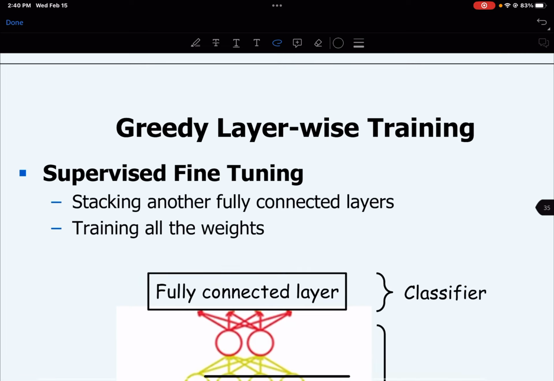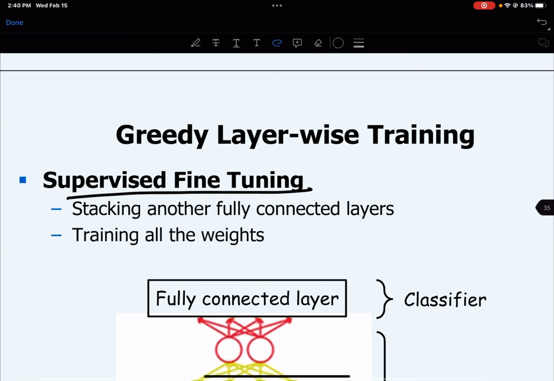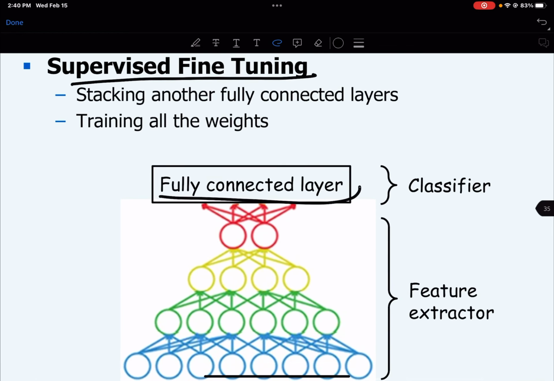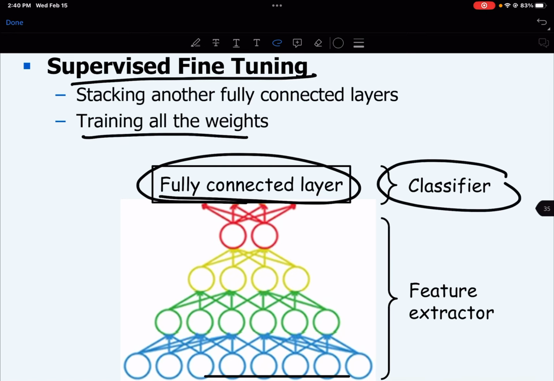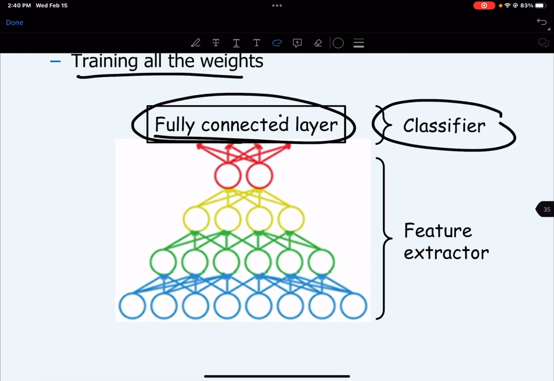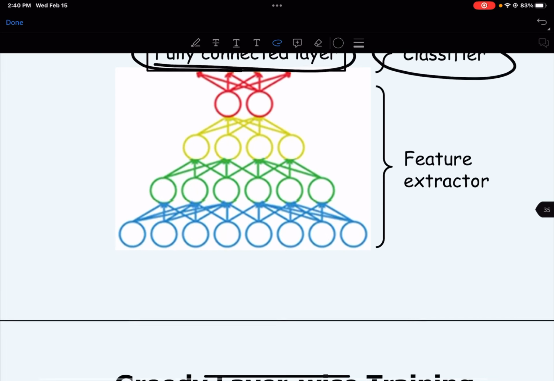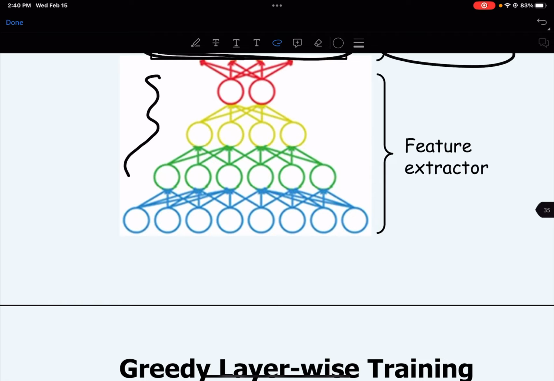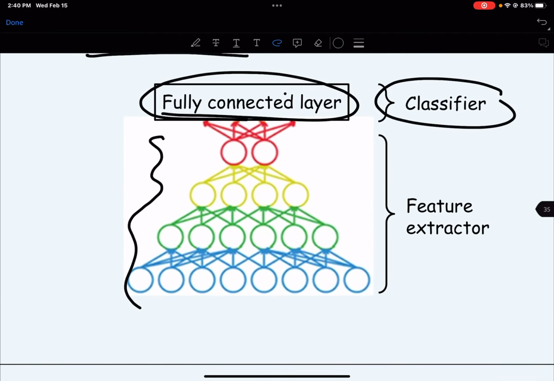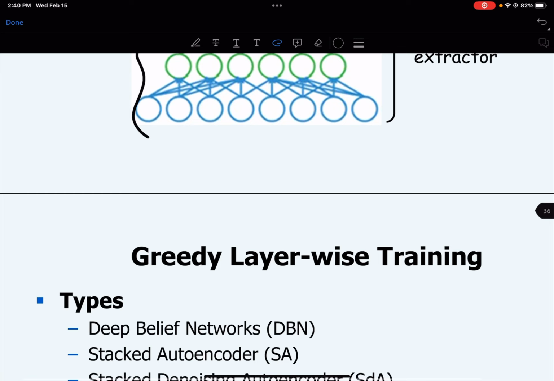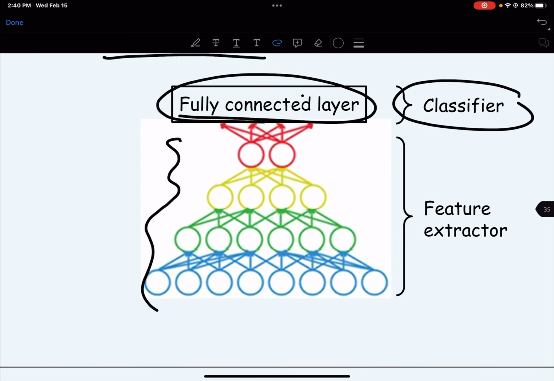Next is the supervised fine-tuning. So you add your fully connected layer now at the end and train all the weights. The fully connected layer works as a classifier. So if you have pre-trained this network and add your classifier layer at the end, you can use it as an encoder classifier.